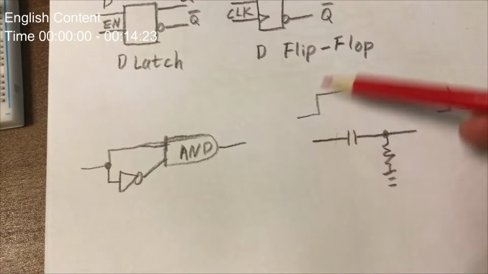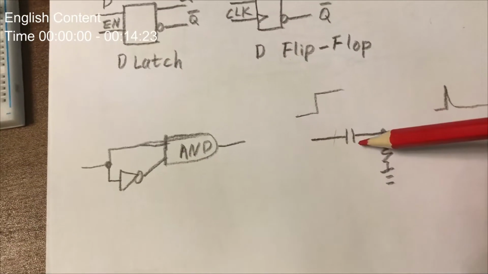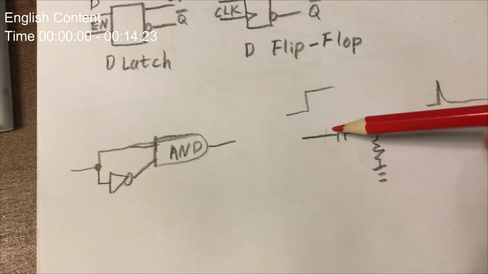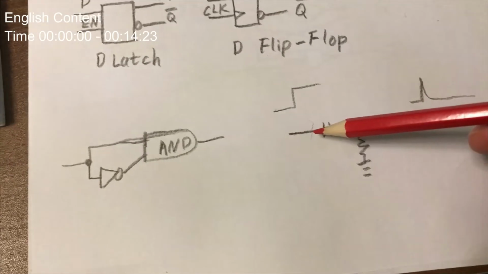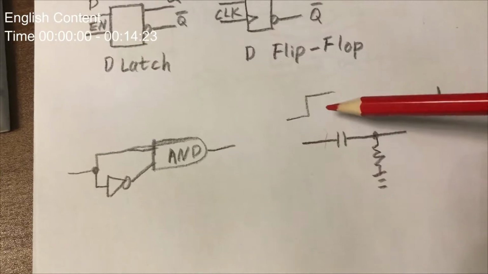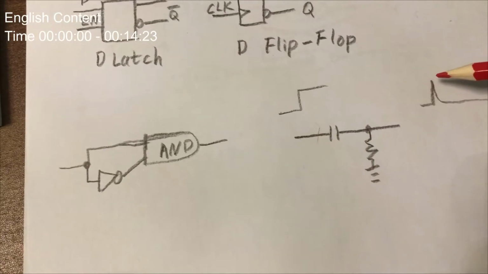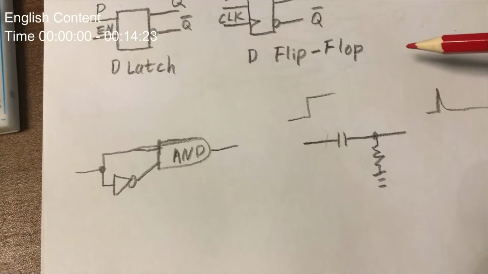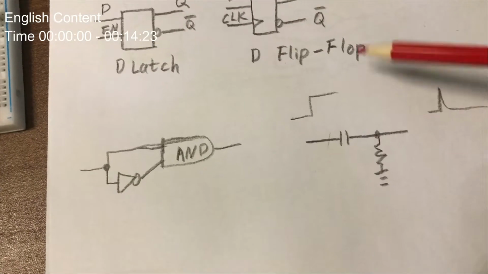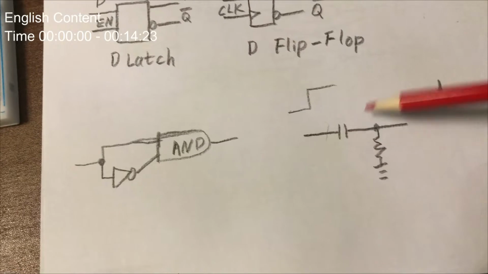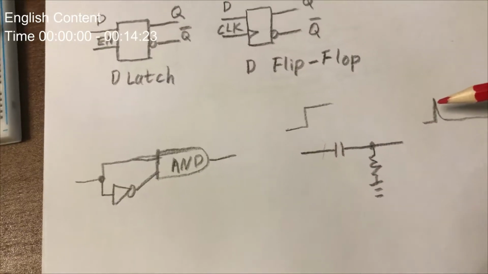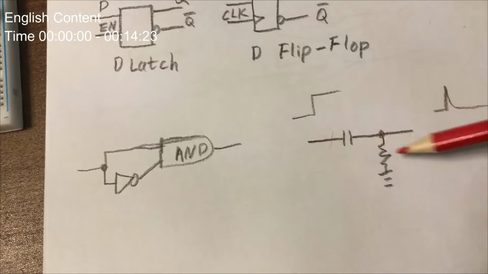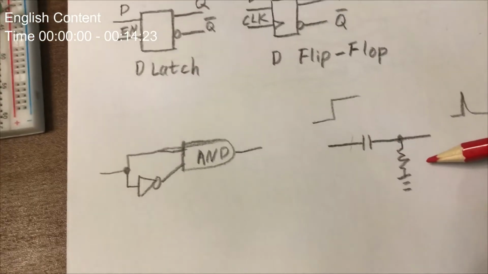When it's connected to high voltage, current will flow through and the capacitor will take time to charge. In the meantime, it will be connected through, so here we have high voltage, and then as the capacitor slowly stores the charge, it will slowly end the current coming through here, and it will be low voltage again.